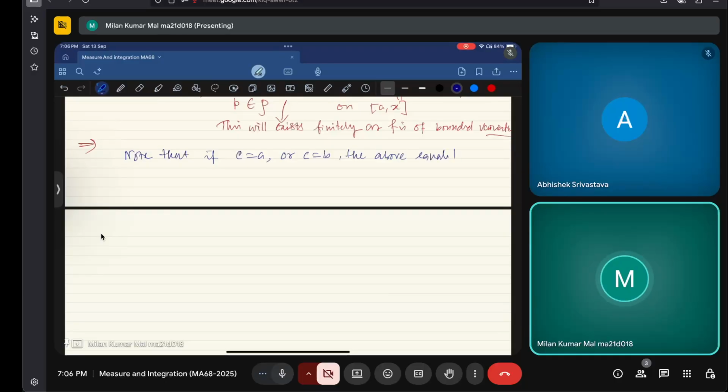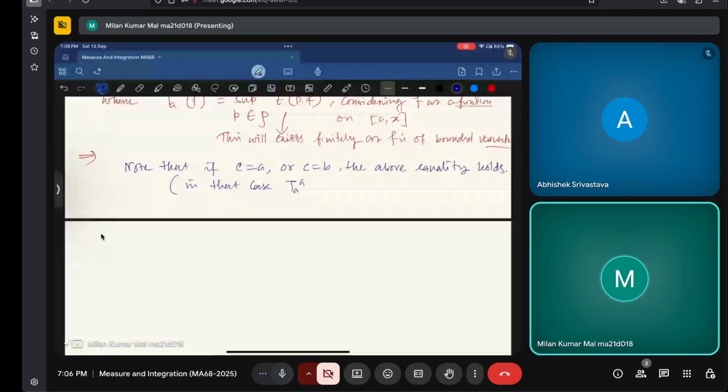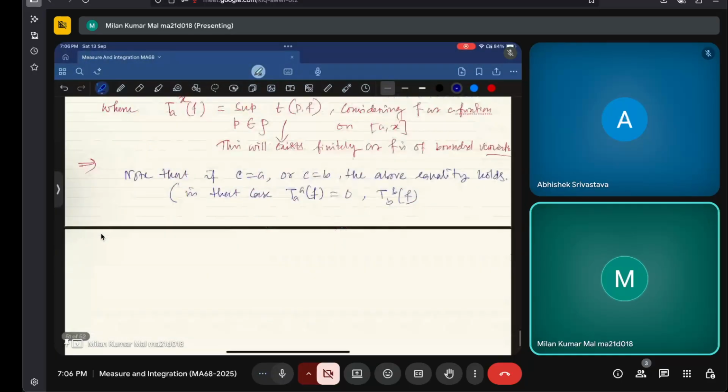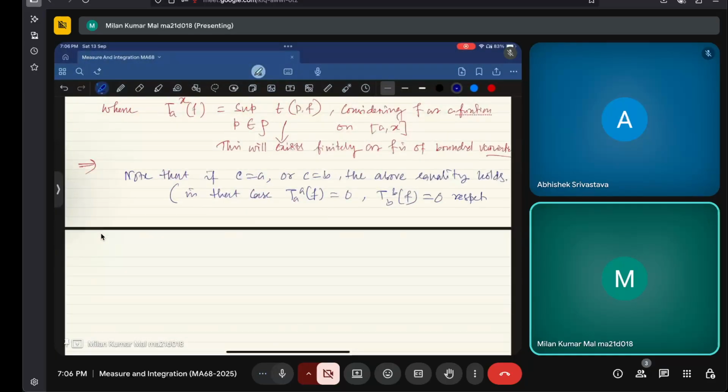Why does it hold? If c equals a, T_a^a f is equal to 0 and T_b^b f equals 0 respectively. So in that case it is done.